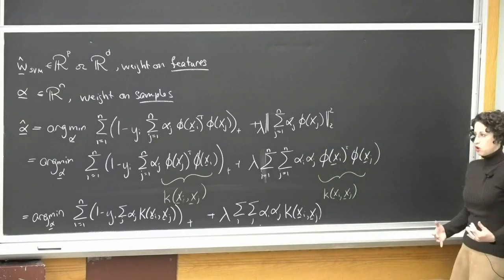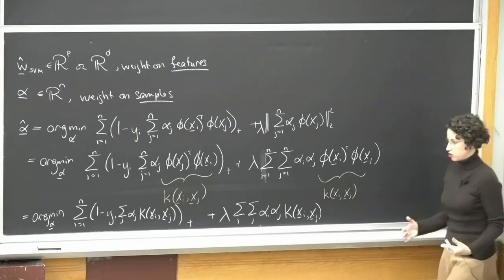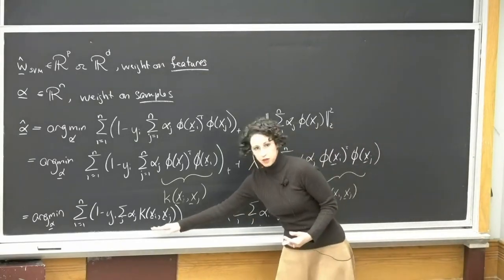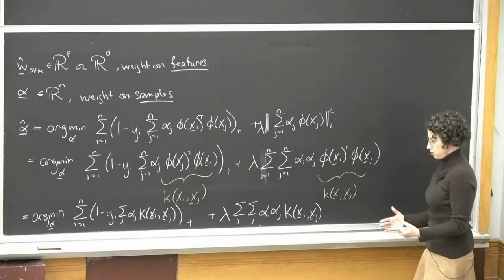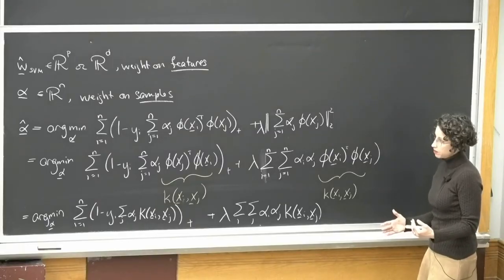Now, when we were working with kernel ridge regression, where we use squared error here, we were able to derive a nice closed form expression for the alphas.